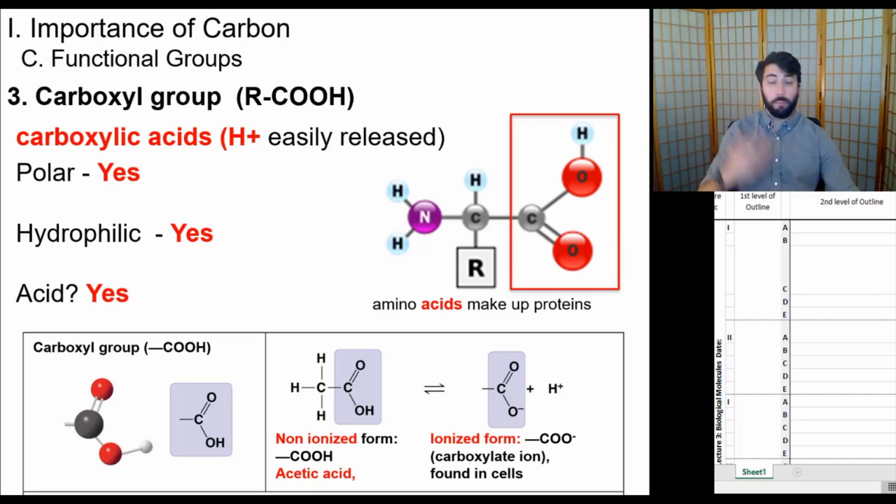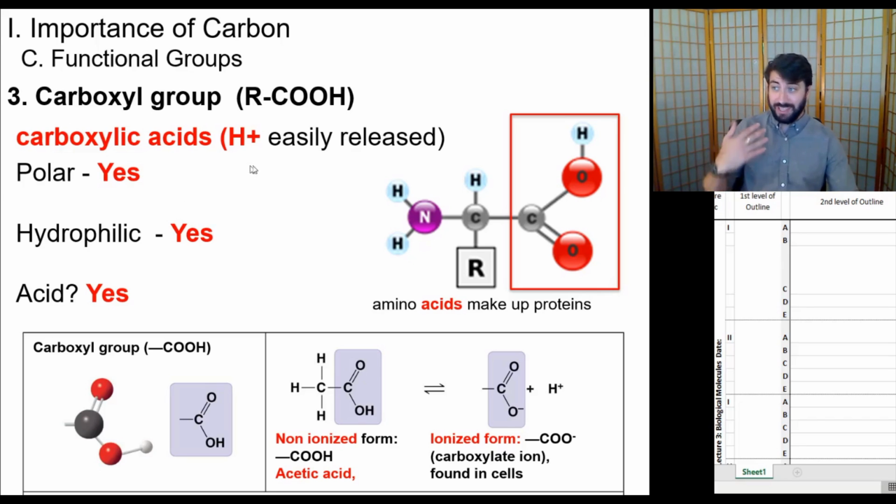Now carboxyl groups are composed of a carbon double bonded to one oxygen on one side and then single bonded to another oxygen on the other side, and that oxygen is subsequently bonded to a hydrogen. These are polar and hydrophilic, and they're considered an acid. Why?